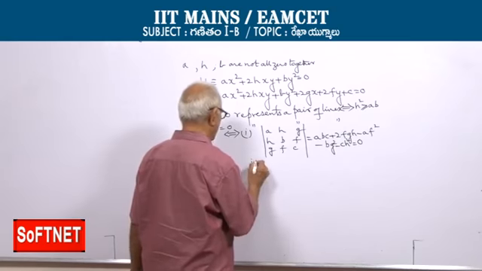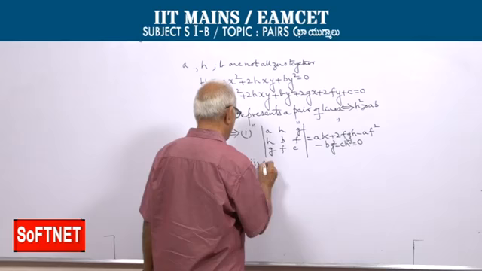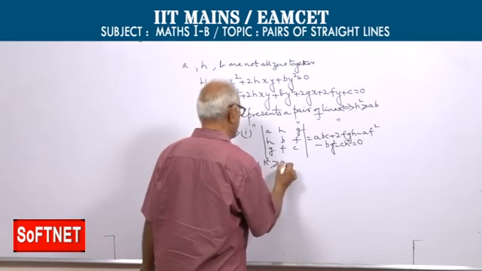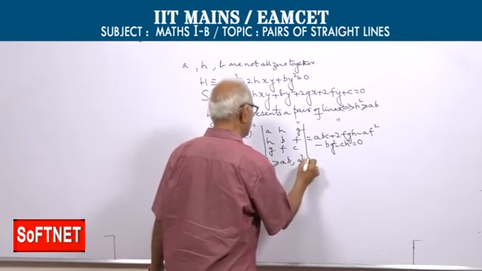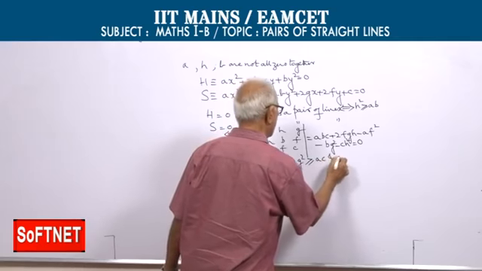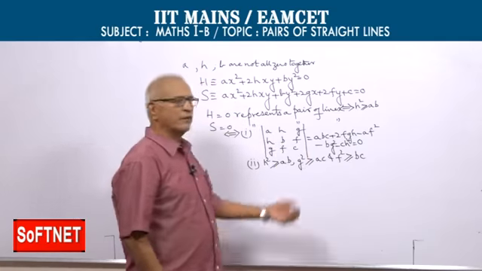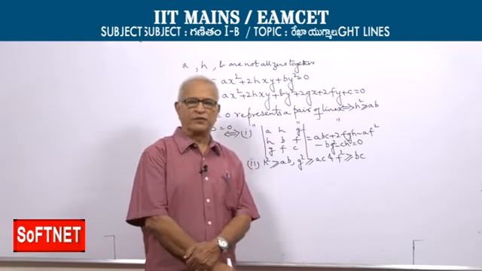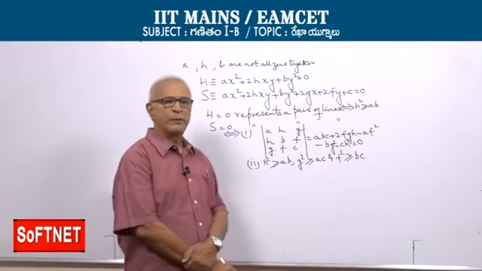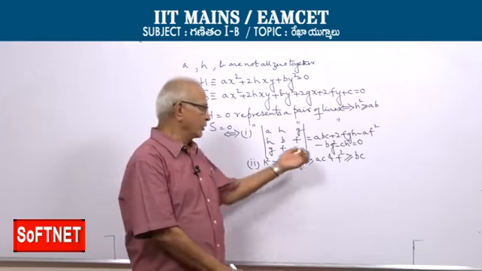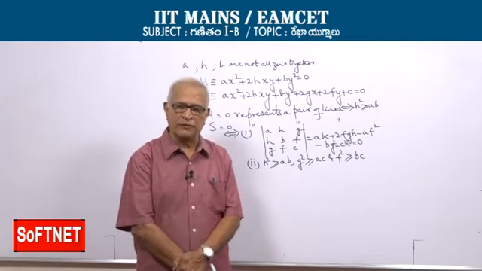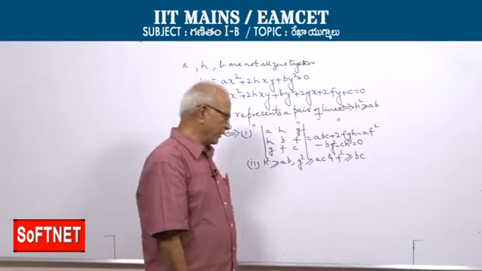Second, another set of auxiliary conditions: h square greater than or equal to AB, g square greater than or equal to AC and f square greater than or equal to BC. ఈ టూ సెట్స్ ఆఫ్ కండిషన్స్ సాటిస్ఫై అయినప్పుడు మాత్రమే S equal to 0 ఒక పెయిర్ ఆఫ్ స్ట్రైట్ లైన్స్ రిప్రజెంట్ చేస్తుంది. Both these conditions are necessary and also sufficient. సో దట్ ఈస్ ది ఫస్ట్ పాయింట్.